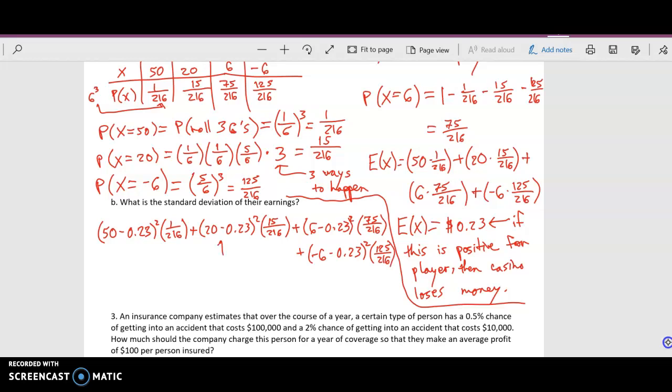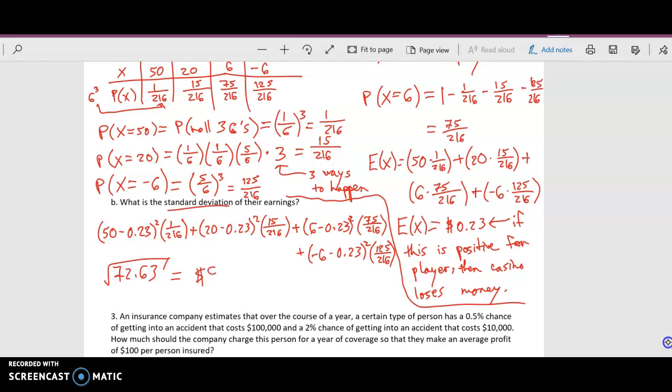You might go, well, right in here, that should be a plus, right? No, I'm sorry, it isn't. It's a minus. We're all good. It's always the square of the differences times the probability. Okay, so this is 72.63, but this is variance, so we want the standard deviation, so we're going to take the square root of this guy.